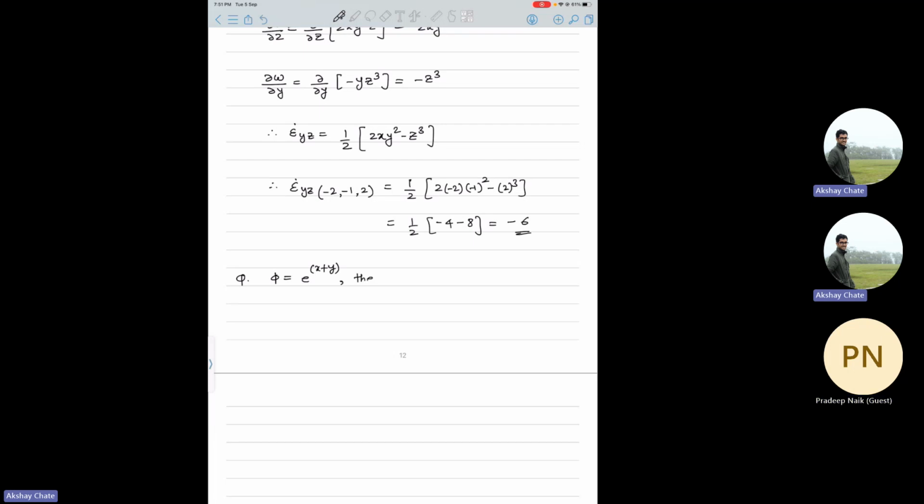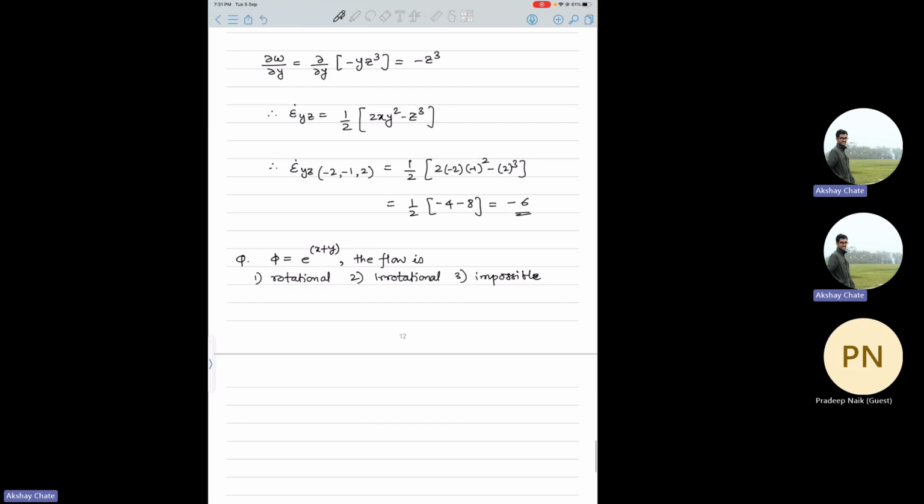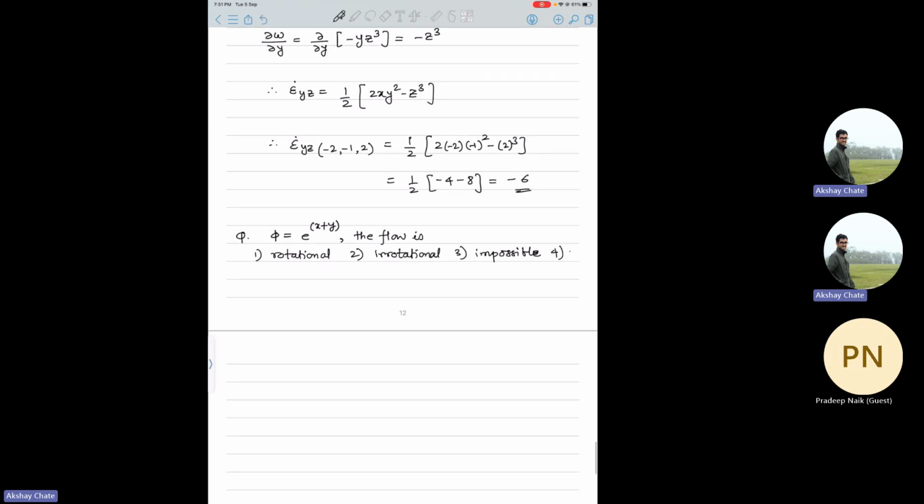Then it is asked that the flow is, and you have multiple options. Let's say rotational, irrotational, and impossible. Okay, and the fourth option is, let's say, none of the above.